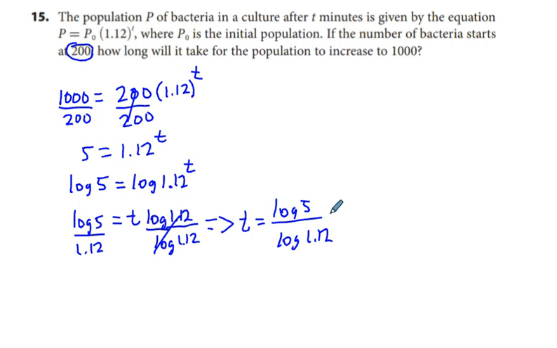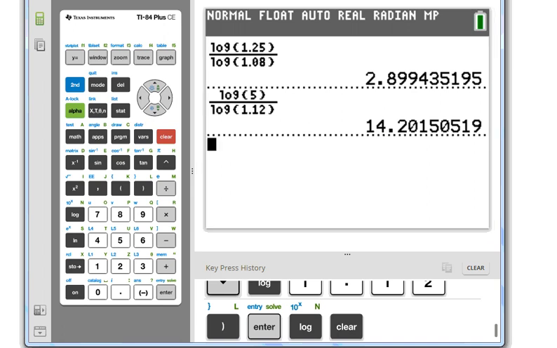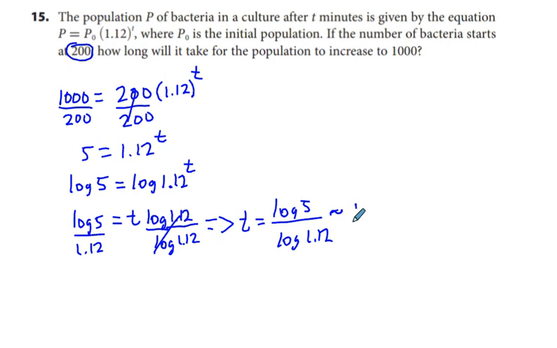And that's going to be equal to, and again, we're going to use a calculator. We got 14.201. So I'll say 14.2. And so using that 14.2, how long will it take for the population to increase to 1,000?